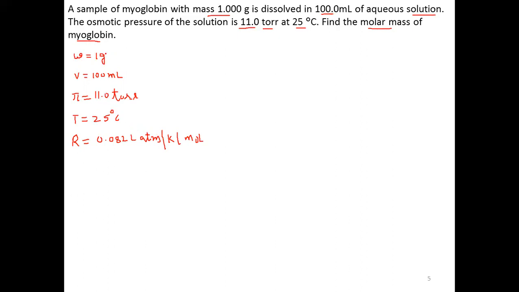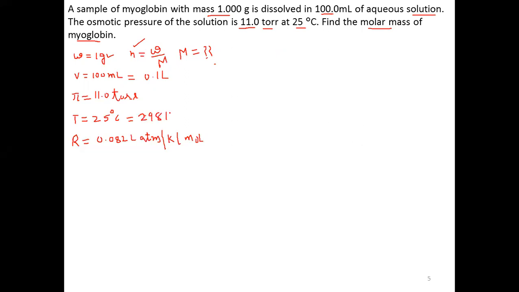W is in grams, so we have to calculate the number of moles, and we can calculate it by W by M. M is the molecular weight of the solute. It is the question mark that we have to find in this numerical. So n we can calculate as W by M. W is 1, so n is 1 by M. Volume is in milliliters, so we have to convert it into liters. So 100 by 1000 is 0.1, so it is 0.1 liter.